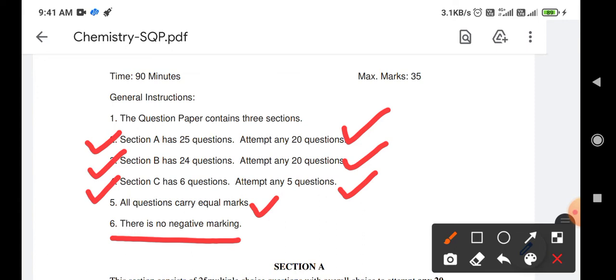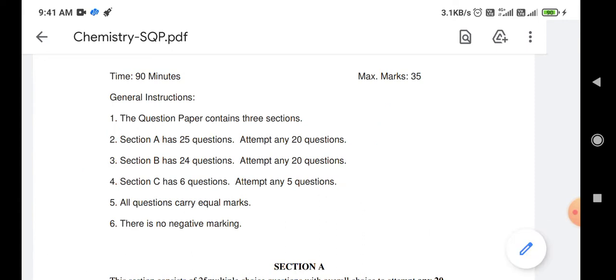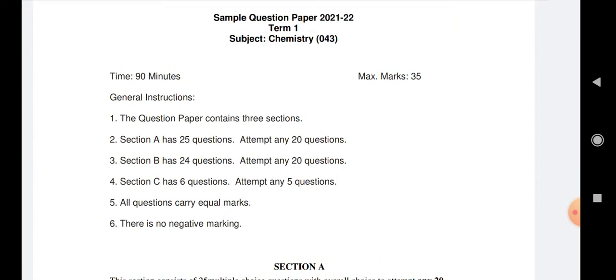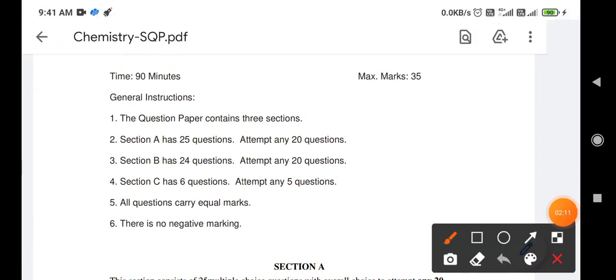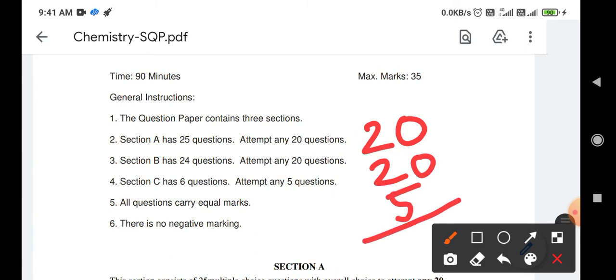Now the question may arise in your mind: we need to answer 20, and 20, and 5. So how many questions are we going to answer?